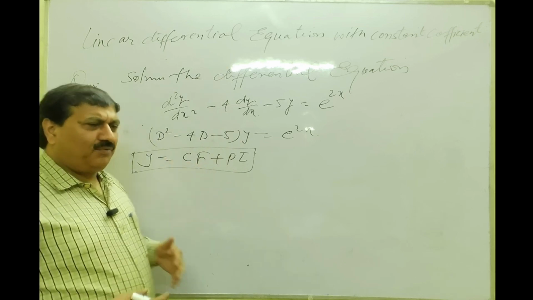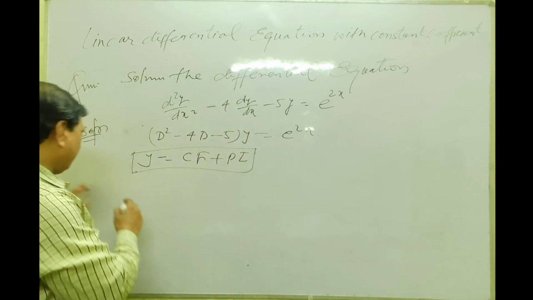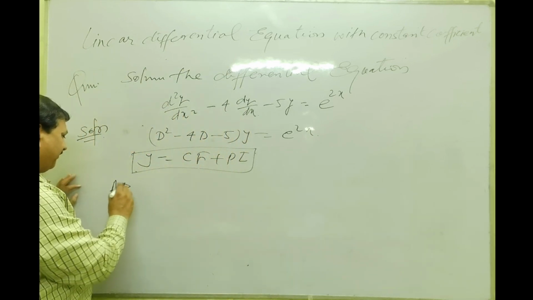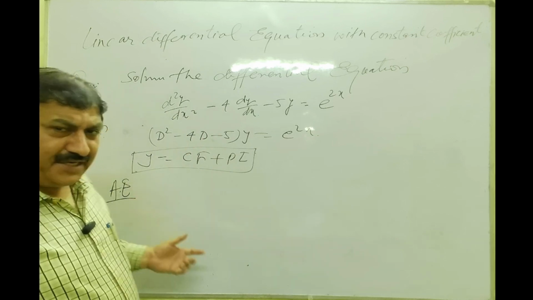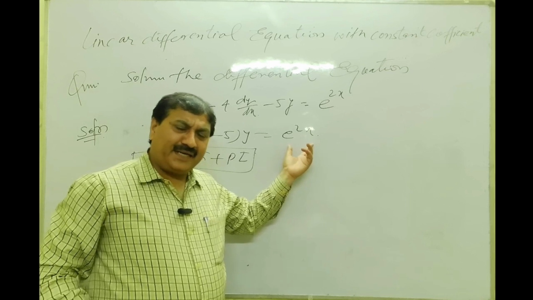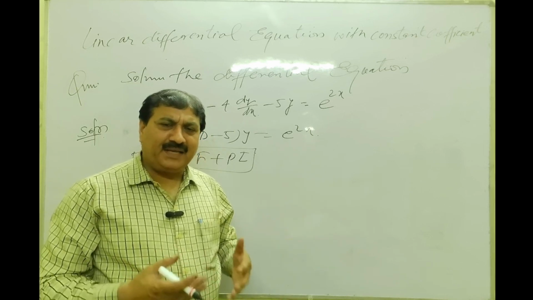But first of all, we will calculate the auxiliary equation. To find the auxiliary equation, we equate the right-hand side to 0, replace y by 1 and D by m.